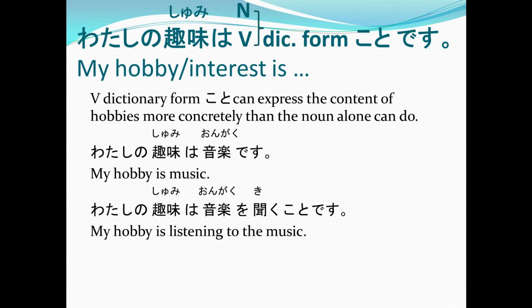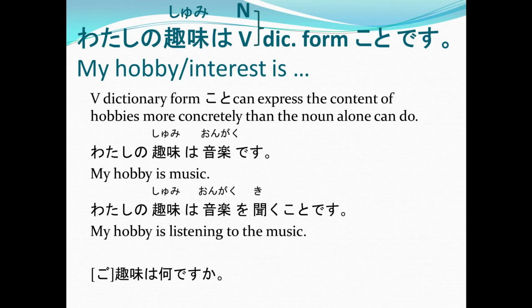So how about if you want to ask someone what their hobby is? Of course, if you've expressed yours, it is very polite to ask in return what the hobby of your listener is. So if you want to ask them their hobby or their interest, we use ご趣味は何ですか?